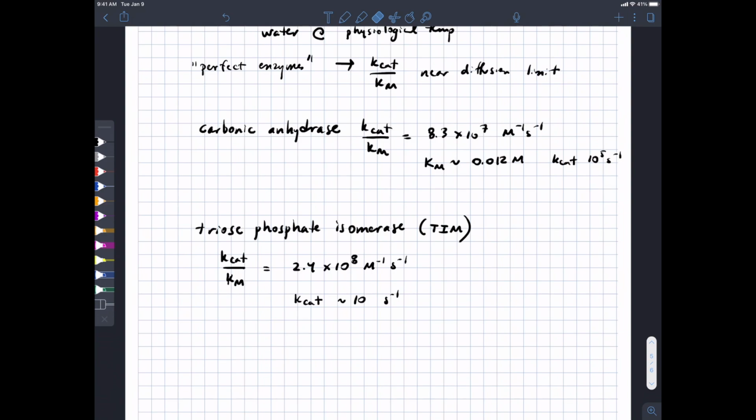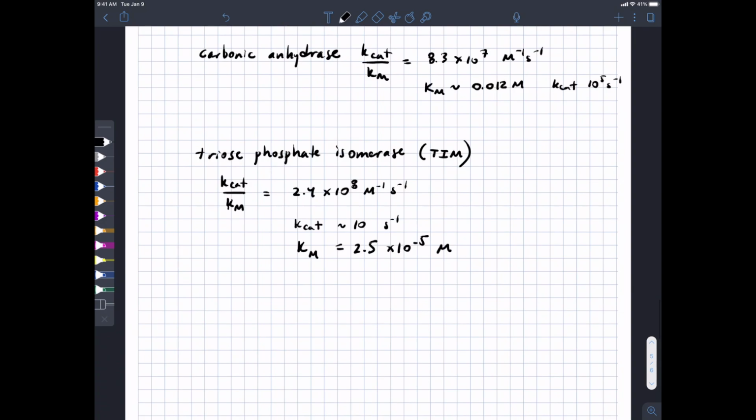We'd have to do the math actually. Km for triose phosphate isomerase equals 2.5 times 10 to the minus 5 molar. So who wants to get out their calculator and figure out what kcat would be if we know Km and the ratio?